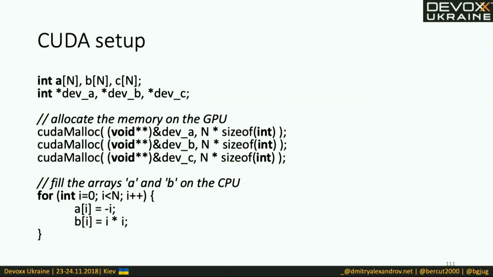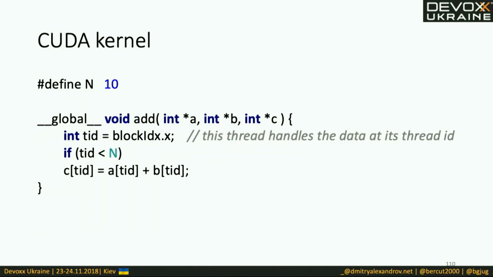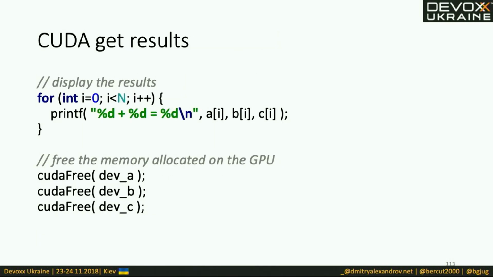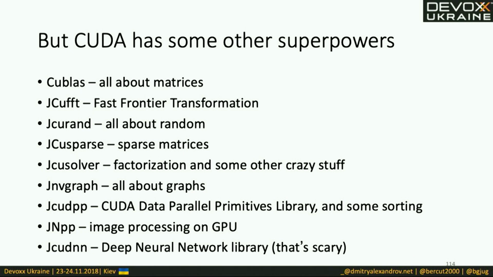So you get a mix of C code and its own routines. The funny thing is that Java has the same binding, but it's very hard to write. But it has other superpowers.